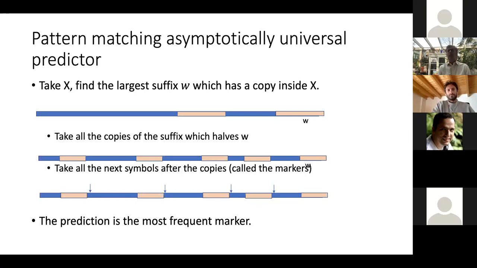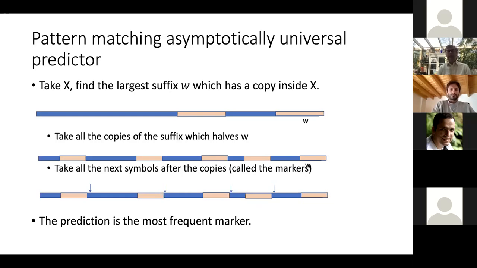But this won't give you the most likely, because you have only one element. So in order to increase the number of elements and have some choice, instead of taking the copy of the largest suffix, you take the copy of the half of the largest copy.